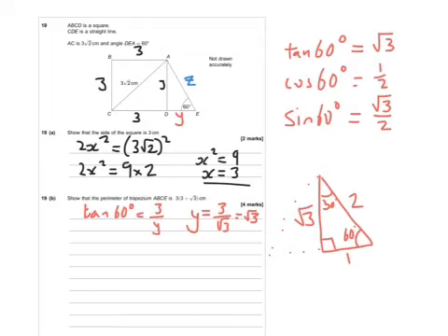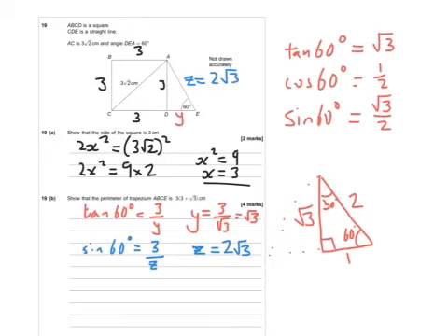Now for z, I've got sine of 60 equals 3 over z. I know that sine of 60 is root 3 over 2, so therefore z equals 2 root 3.